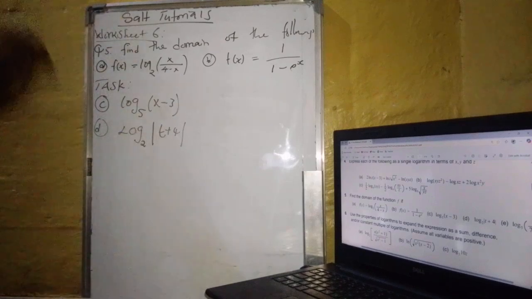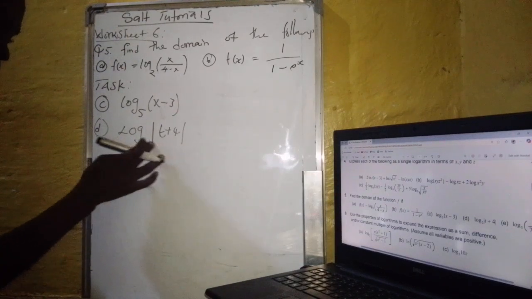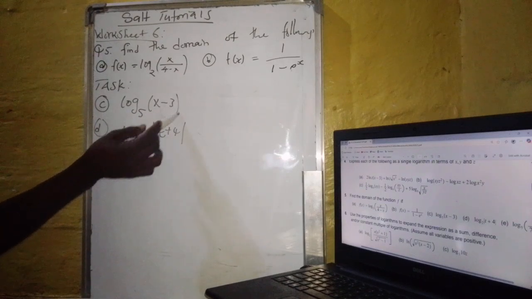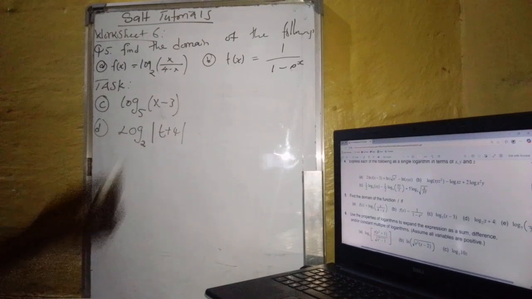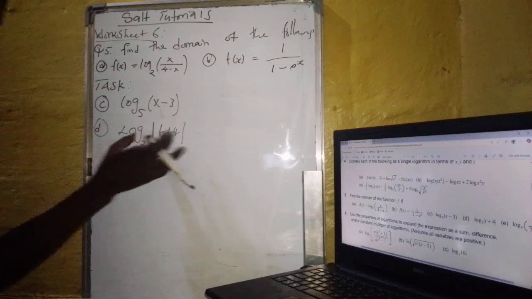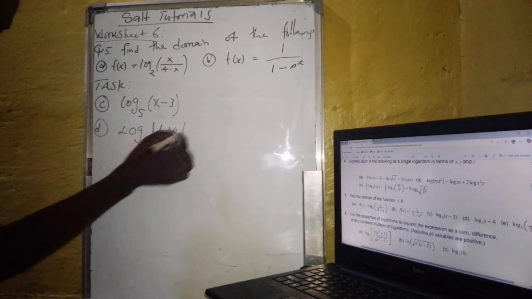Just a comment on this one. This is an absolute value in the input, and through the same rules we've been looking at, whatsoever is in the input should not be negative or 0. It means everything in the input should be greater than 0. So the input here is the absolute value, which means this will be an inequality.